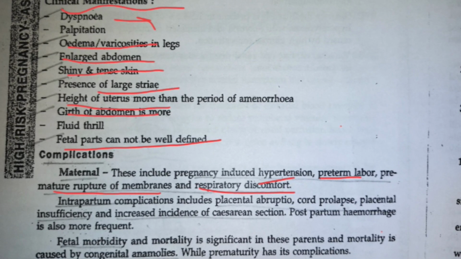For the fetus inside the womb, the intrapartum complications are placental abruption, cord prolapse, placental insufficiency. Increased incidence of C-section is seen in this condition. Apart from this, after birth, there is a chance that the fetus may have congenital abnormalities. In the sense, by birth itself, there might be some kind of abnormality present in the baby.